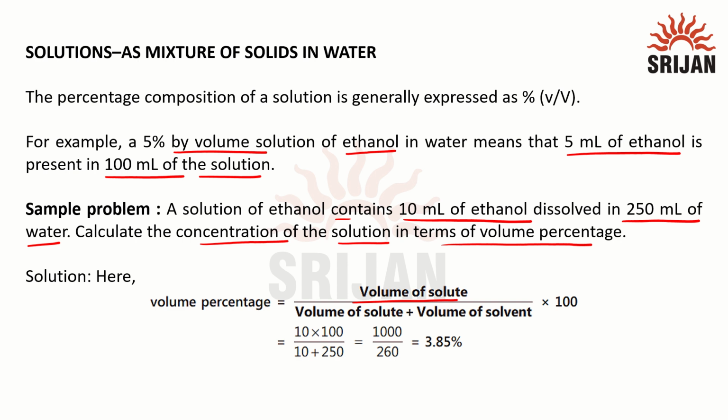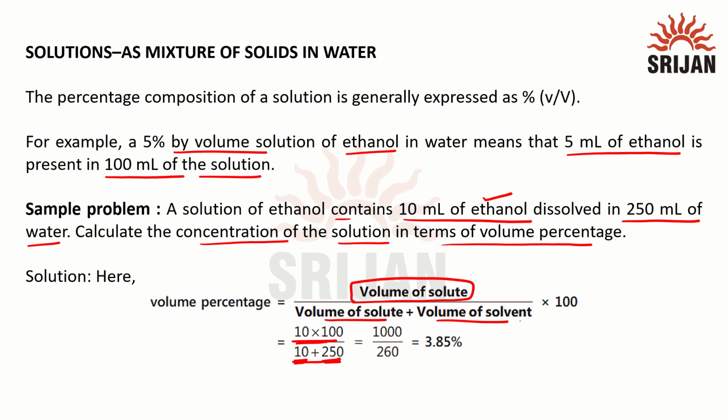First is the volume of solute. Solute is what? We have ethanol. So here we will take 10 ml of ethanol, and then we'll have volume of solute plus volume of solvent. Volume of solute is 10 again, but volume of solvent is 250.